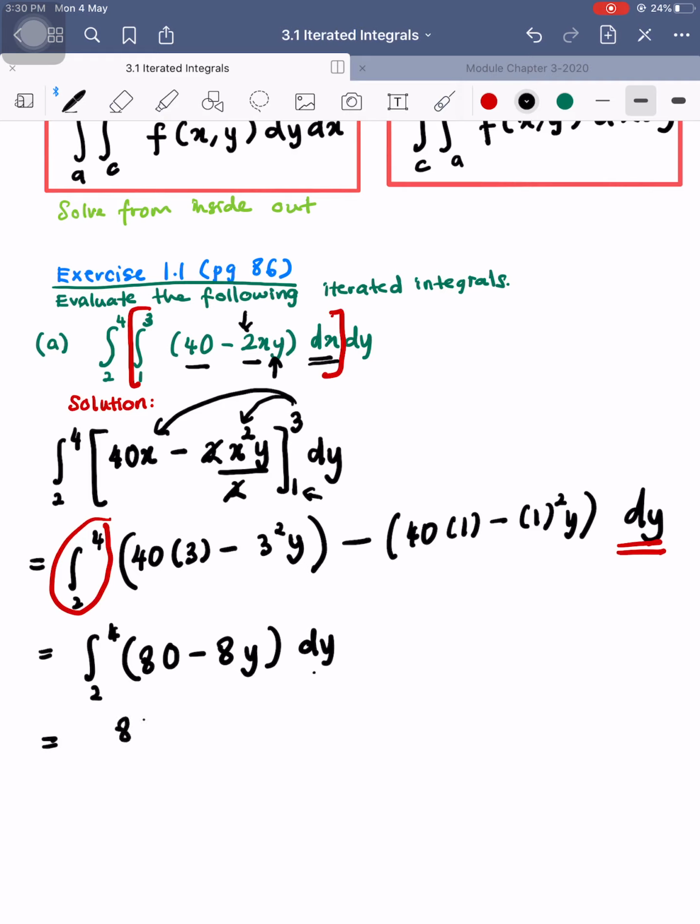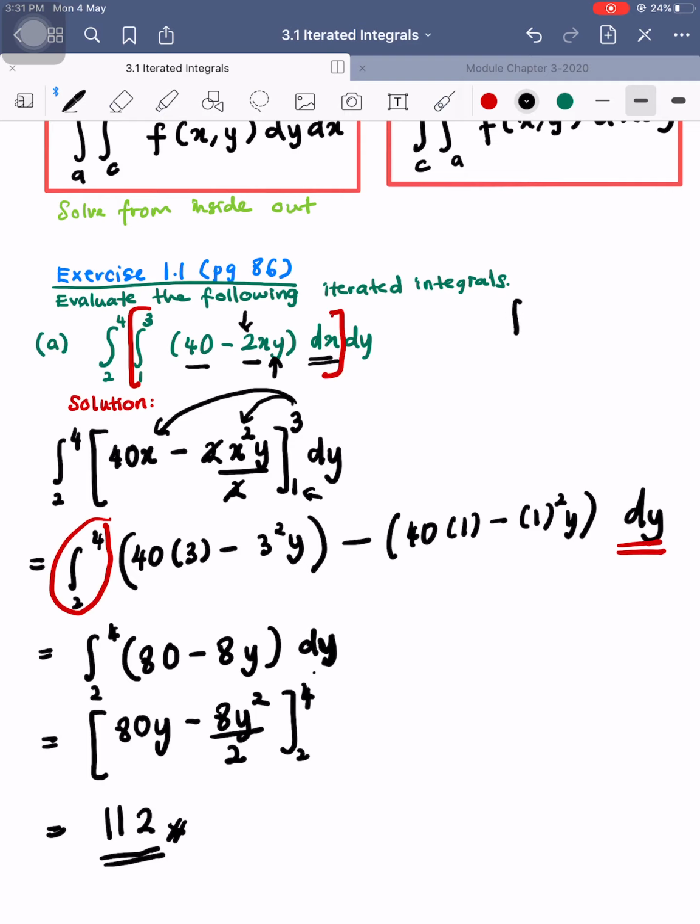Integrate 80, you get 80y minus 8y squared over 2, from 2 to 4. Of course, the value is inserted into y. At the end, the answer is 112. You can try to solve and simplify. You get 112.